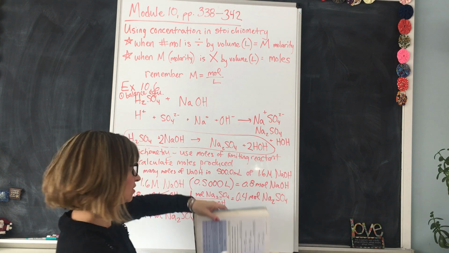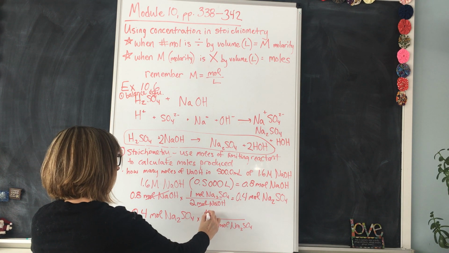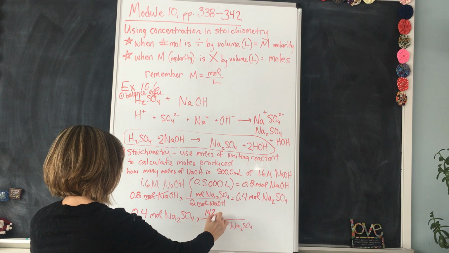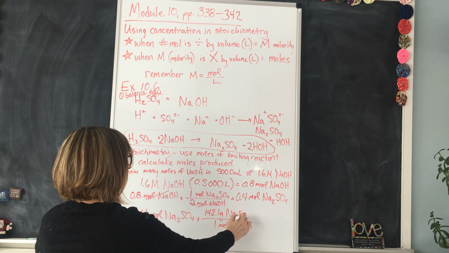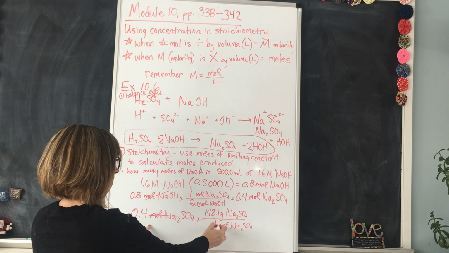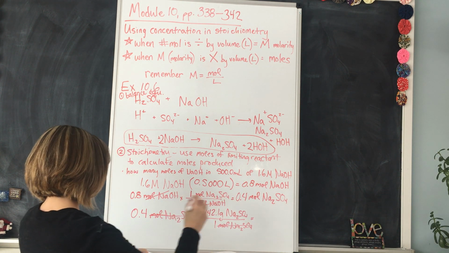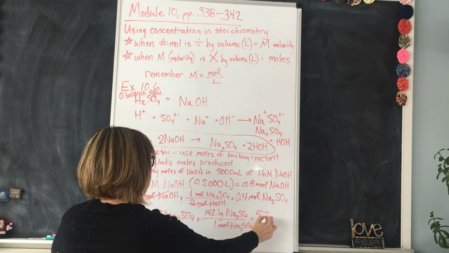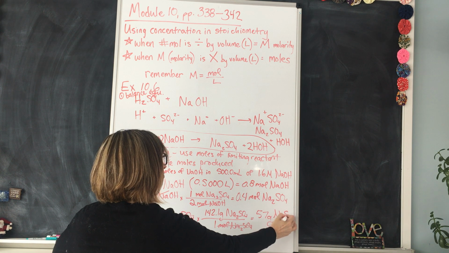That's how you figure out how much 1 mole of this compound weighs. If you put that in your calculator, you get 142.1 grams of sodium sulfate in 1 mole. The moles of sodium sulfate units cancel out, so we're left with 57 grams of sodium sulfate produced.